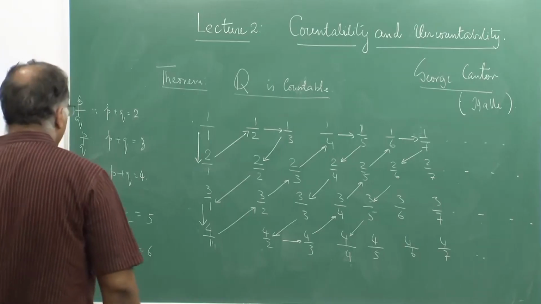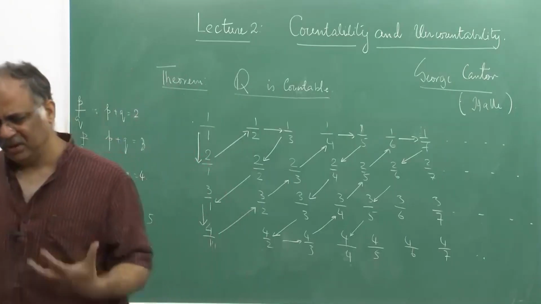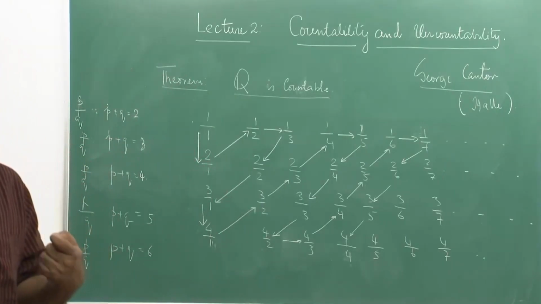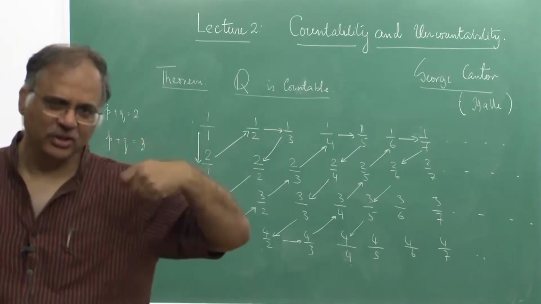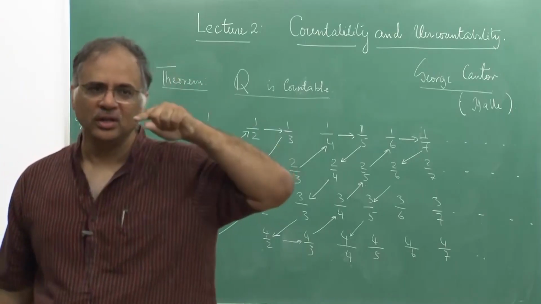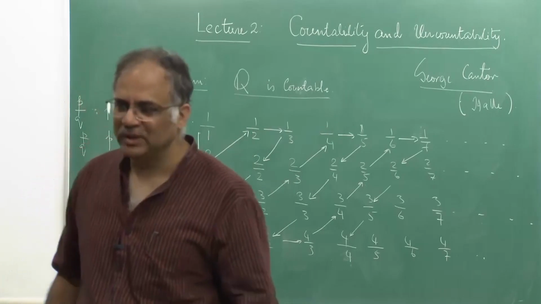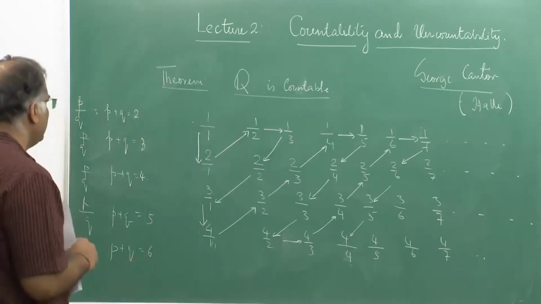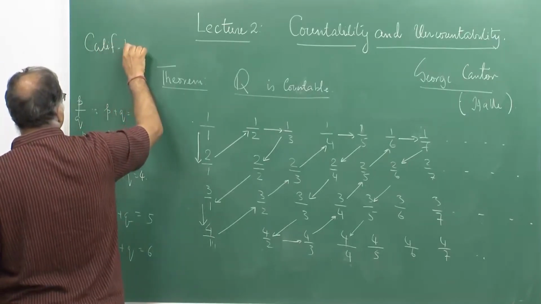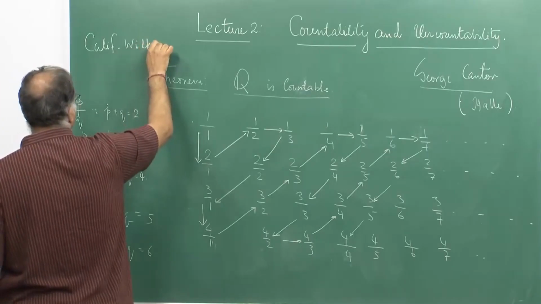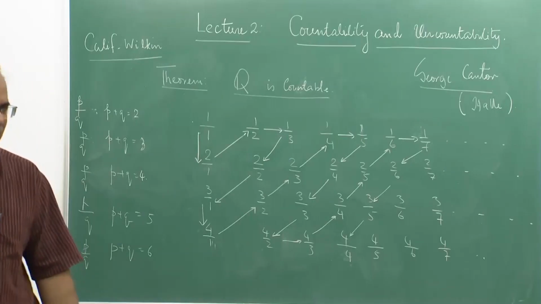Now nobody could come up, even in the early 20th century, with a way to enumerate the rationals so that I do not take in any rational which is not in the lowest form, so every rational appears once. That result is very recent. It is called the Calkin-Wilf theorem, which you will see in the notes, but I will not discuss it here. This is quite a recent result. They show you how to do it using trees and all those things.